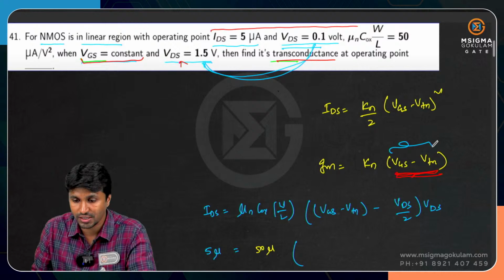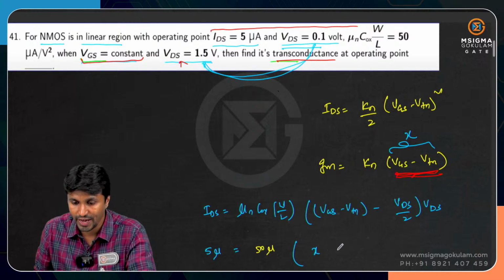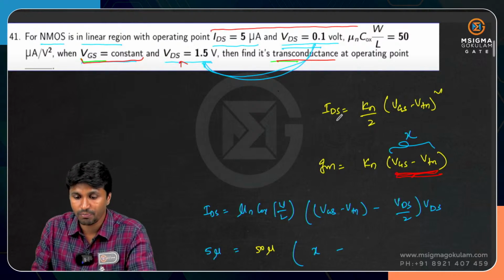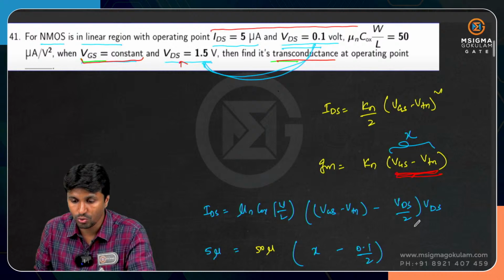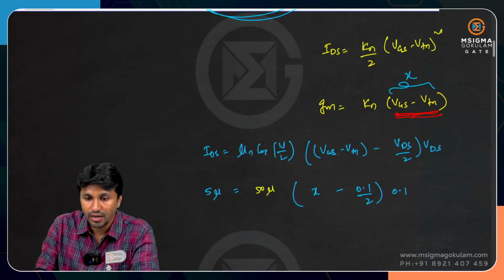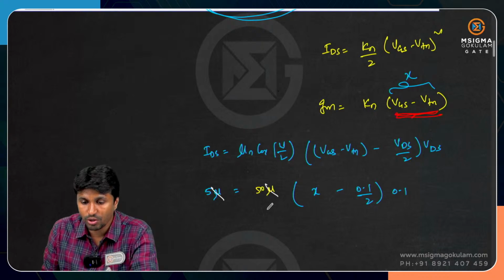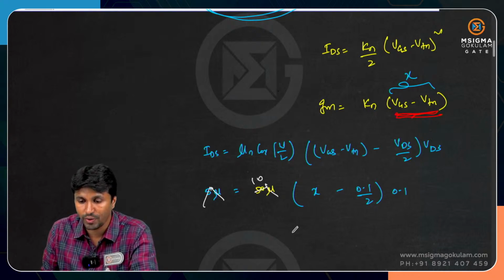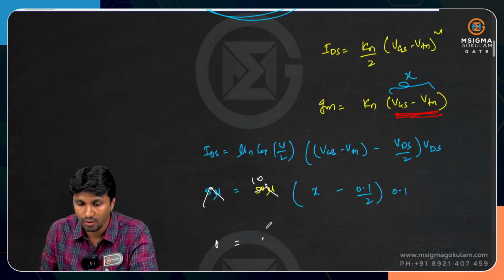I'll call this term X. So X minus VDS by 2, where VDS is 0.1, into VDS, which is nothing but 0.1, right? So what is it that you get? You can clearly see that micro and micro will cancel. So 5 by 50 is 10 times less, and 10 into 0.1 is simply 1. So 1 is equal to 10 into 0.1, which is 1, into X minus 0.1 by 2.